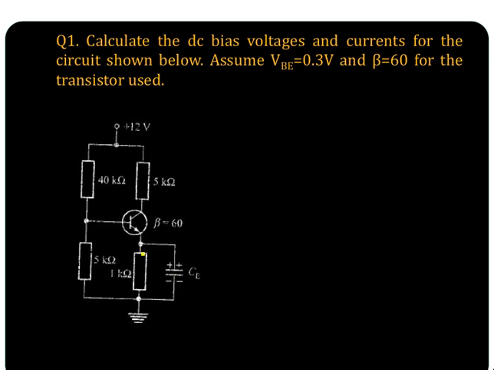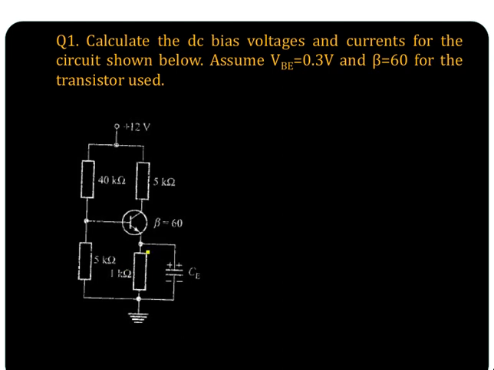Because here you have a resistance in the emitter side, and this emitter is common to both input and output. When you apply the AC signal, this can also offer a feedback. So the effect of RE in the emitter circuit will be affecting both the input and output.